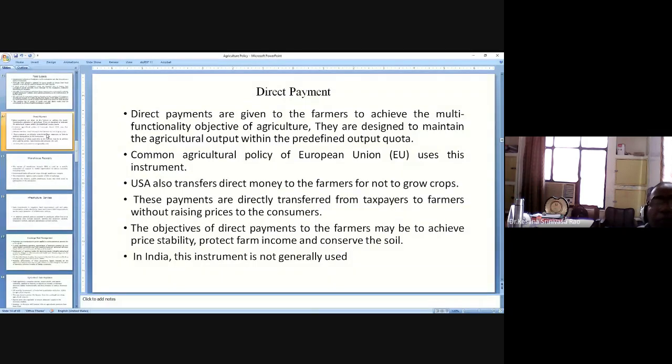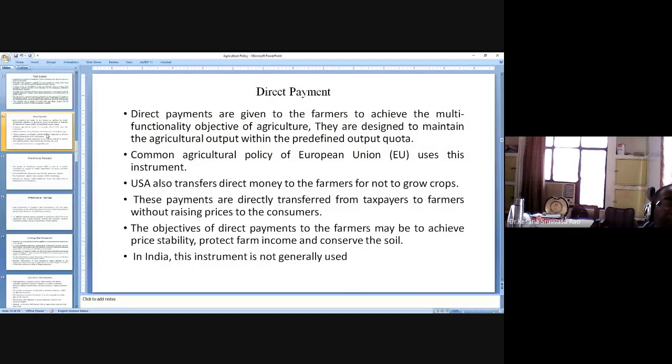The objectives of direct payments to the farmers may be to achieve price stability, protect the farm income, and conserve the soil. To maintain the balance among these factors, the government will introduce direct payments to the farmers.